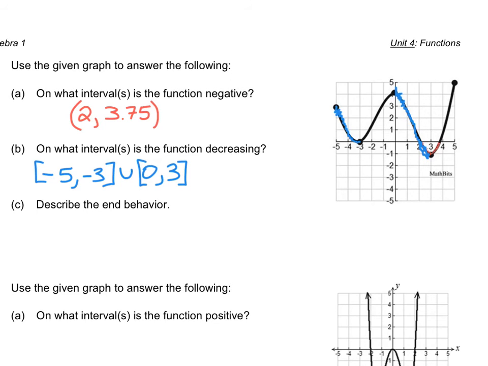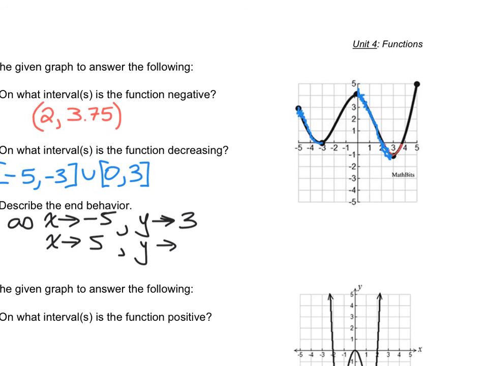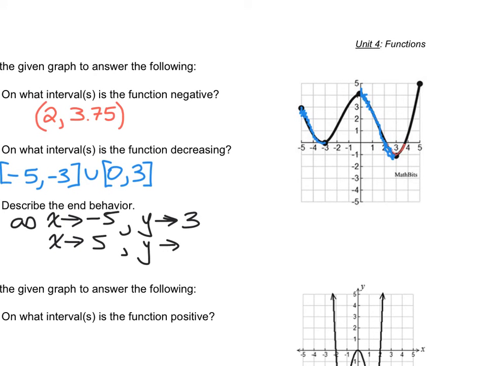Here, as x approaches negative 5, y approaches 3. So it's actually approaching particular numbers instead of infinities. As x approaches positive 5, y approaches 5.